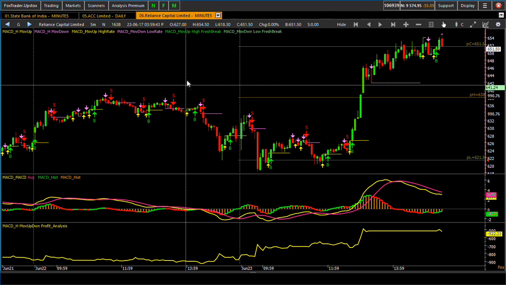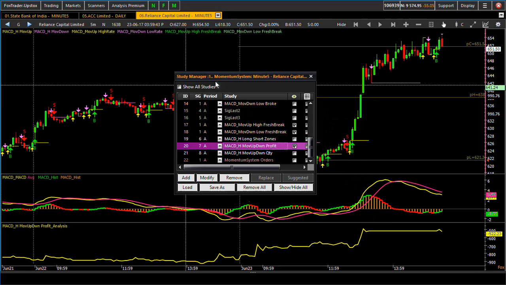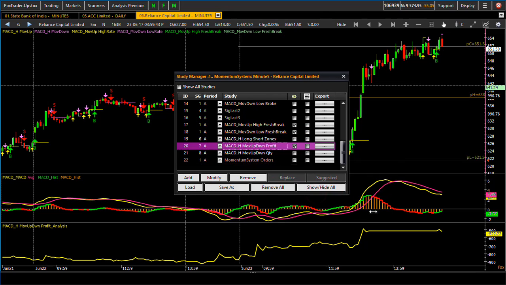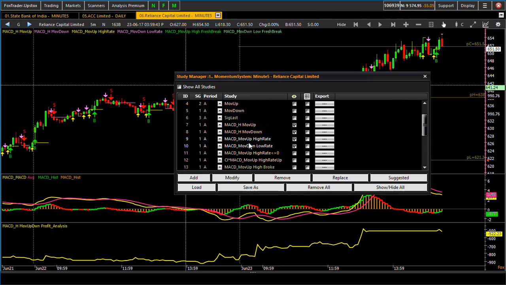Now I can share these strategies with you all once you take a demo of Fox Trader, so you can actually look at how it is constructed. So I have plotted the MACD histogram, then I've used a custom condition of is moving up, is moving down. When it is moving up, I have plotted the high rate. When it is moving down, I have plotted the low rate.